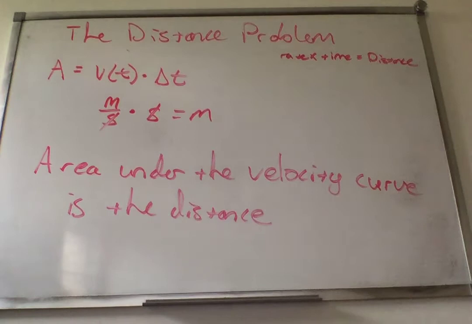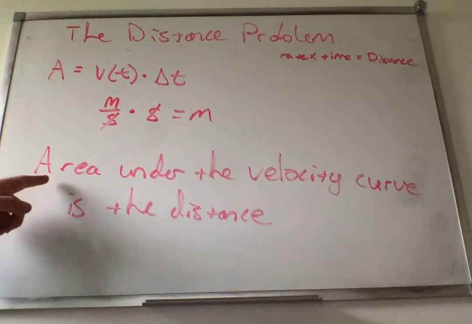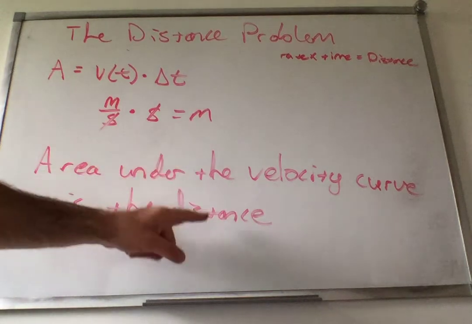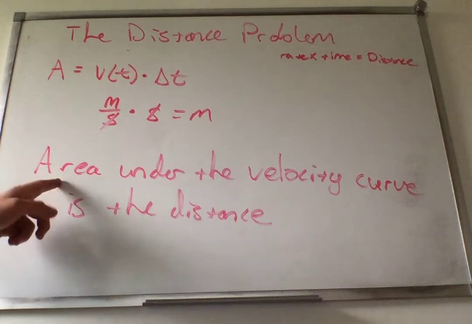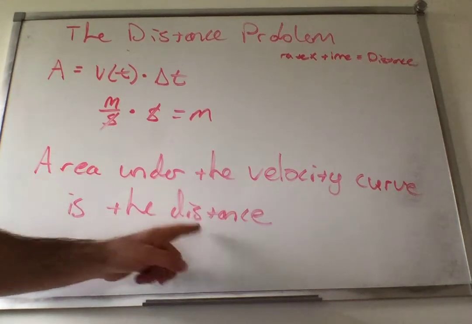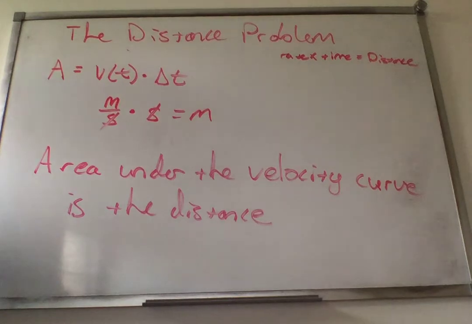It has to be a positive number if we're talking about time here. But this will give you the distance traveled. The area underneath the curve, in this case, is synonymous to distance. So the area underneath the velocity curve is the distance traveled from whatever starting time point you want to the ending time point you want, okay? And of course, there will be overestimates and underestimates. This will give you the approximate distance. It depends on how many rectangles you split your time interval into.